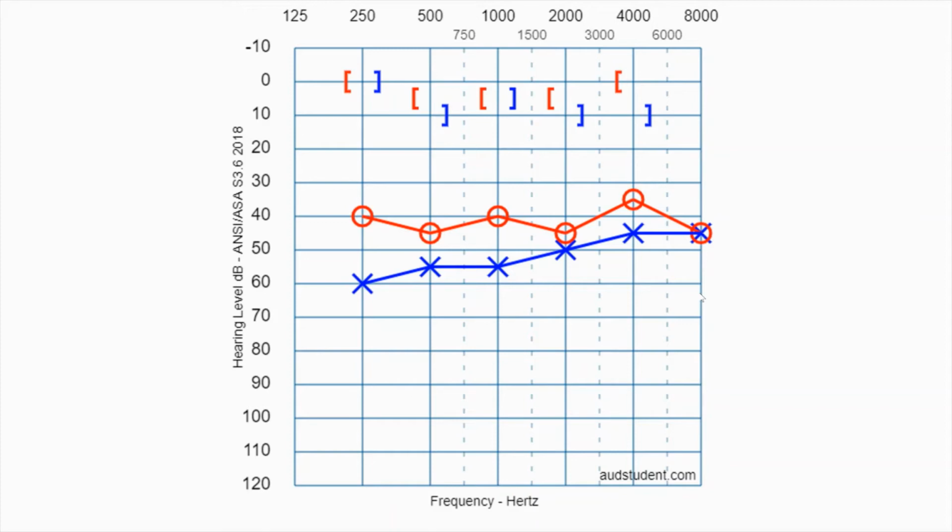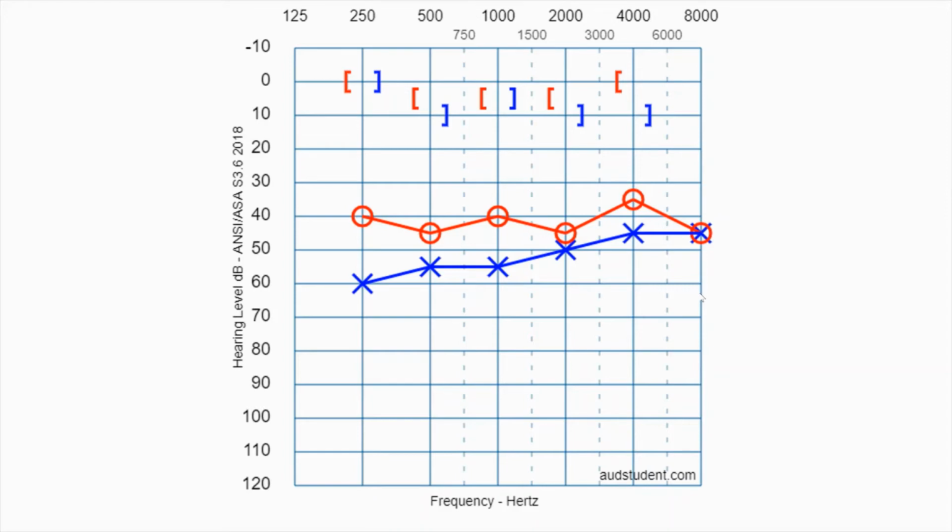Now looking at our second question, our air bone gap question, that's asking about the type of hearing loss. So we said that yes, there is an air bone gap and it is significant. Since we answered yes, there are 2 types of hearing loss that have significant air bone gaps, and that's mixed or conductive hearing loss.